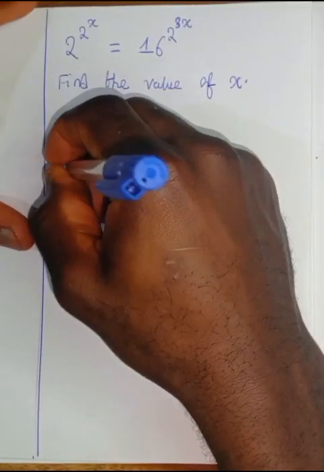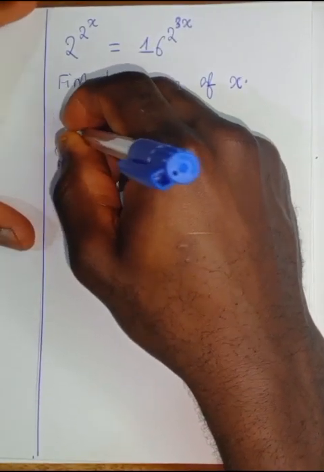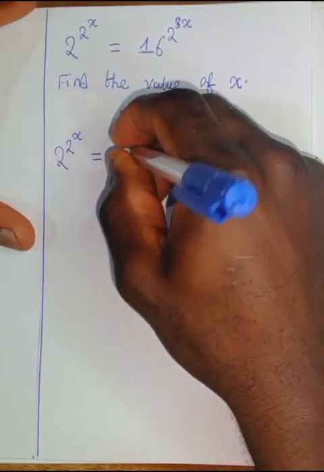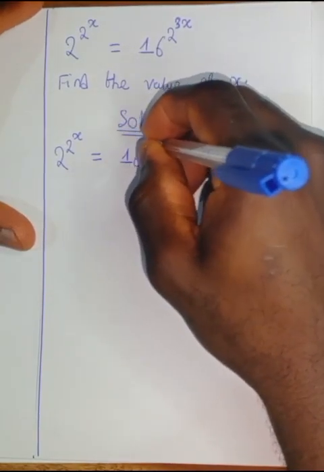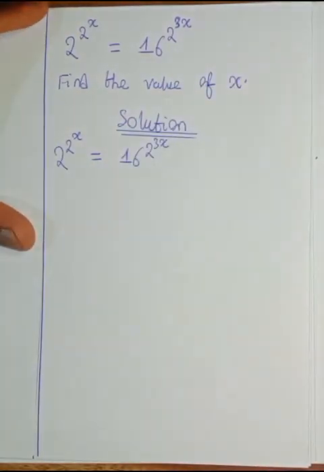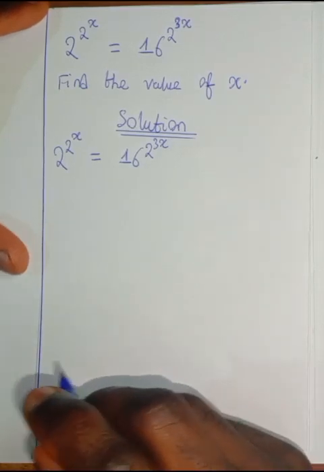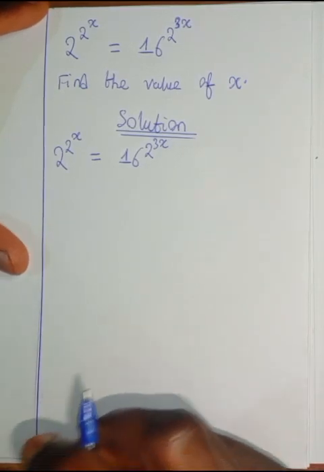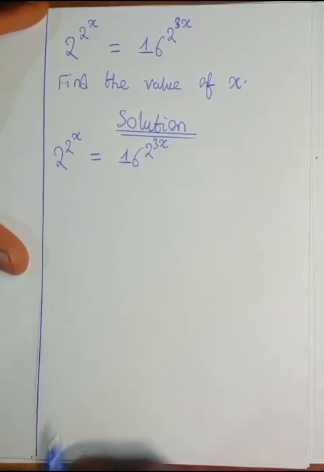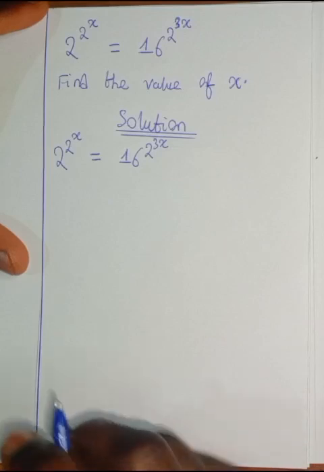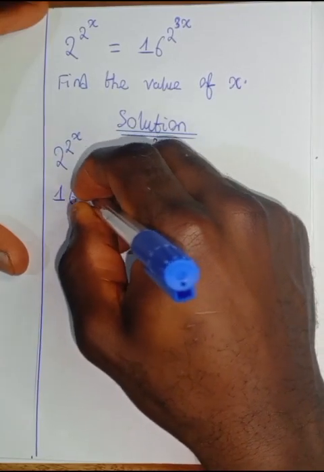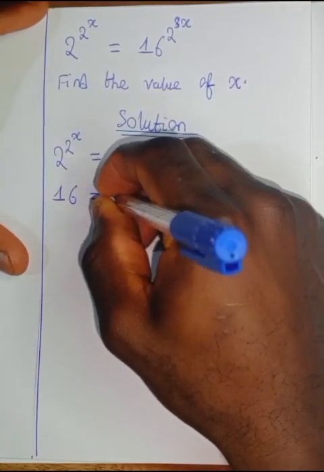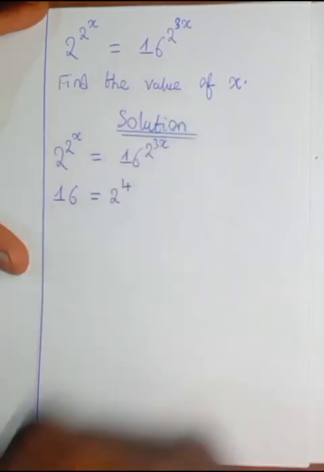We have 2 raised to the power 2 raised to the power x is equal to 16 raised to the power 2 raised to the power 3x. First, we are going to start by expressing the number 16 in index form with 2 at the base. 16 in index form with 2 at the base is simply equal to 2 raised to the power 4.